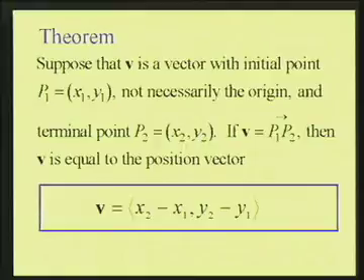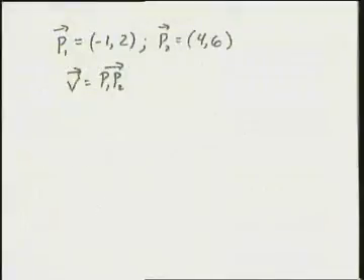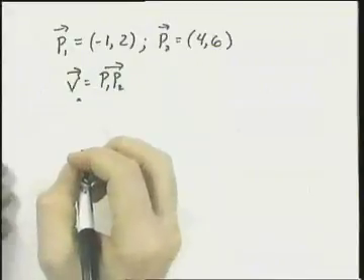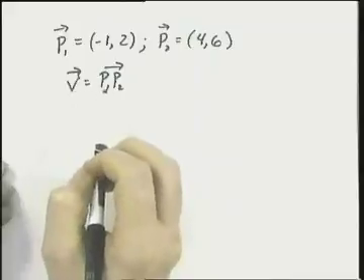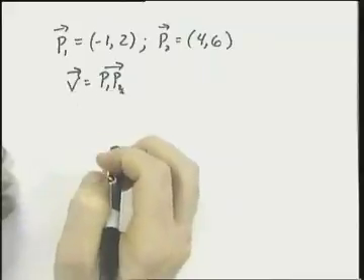Remember, the order is important here because the initial point is P1 and the terminal point is P2. For example, suppose we want to find the position vector of the vector v equals the directed line segment from P1 to P2.